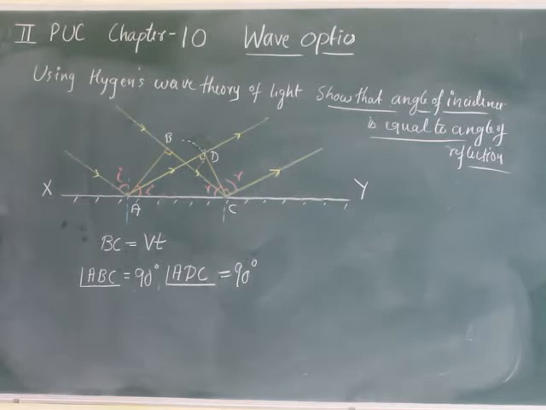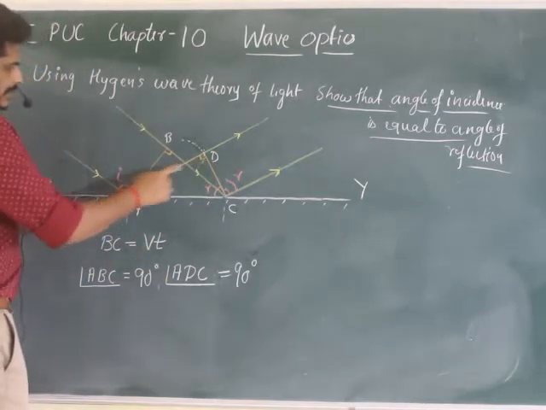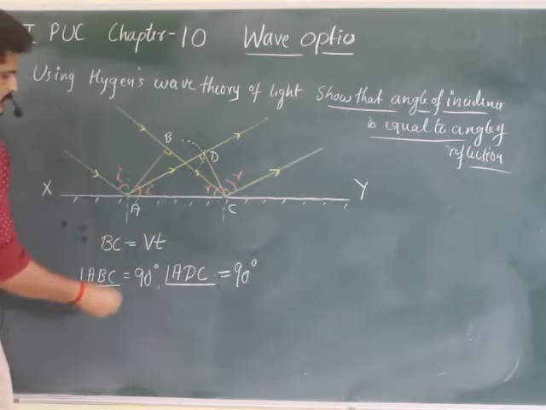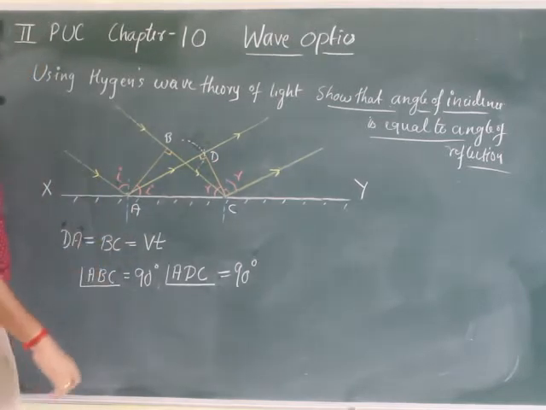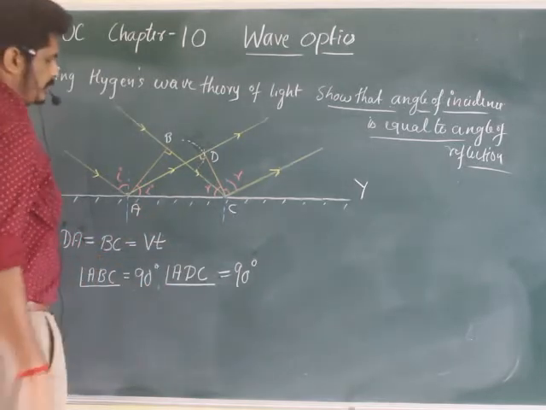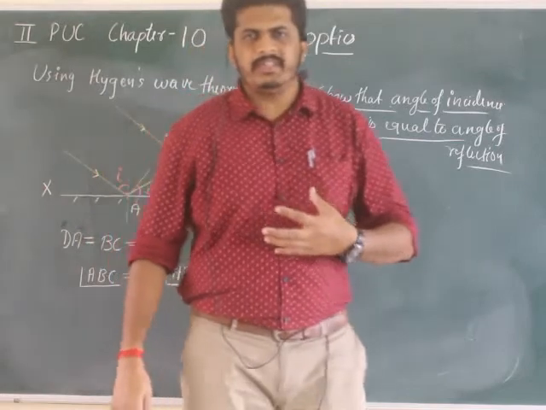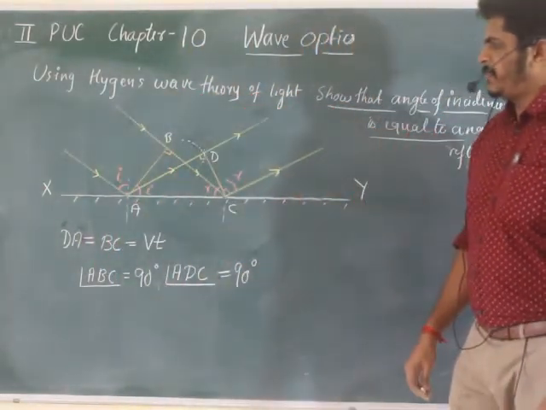And after we draw the arc, we compare. DA is nothing but the measurement taken by BC, right? So also we can say that DA or AD is equal to BC, which is equal to v into t. These are the observations from the ray diagrams.